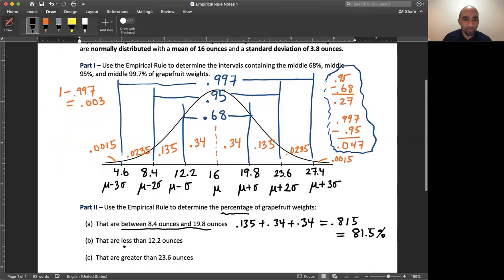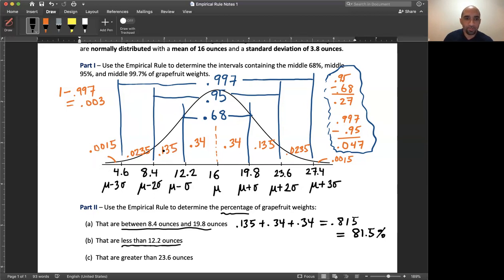What percentage of grapefruit weights are less than 12.2 ounces? Well, this interval and this interval, corresponding to these three percentages, represent values that are less than 12.2 ounces. So we're going to add up 0.135, 0.0235, and 0.0015.